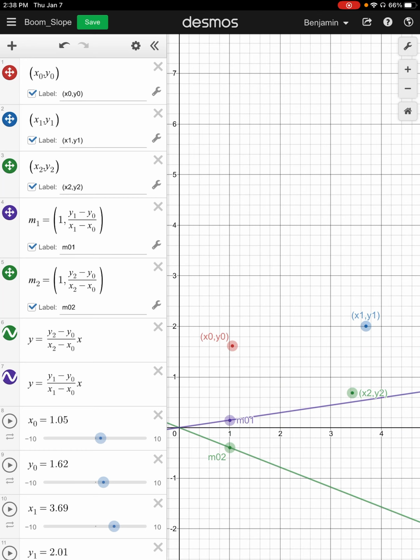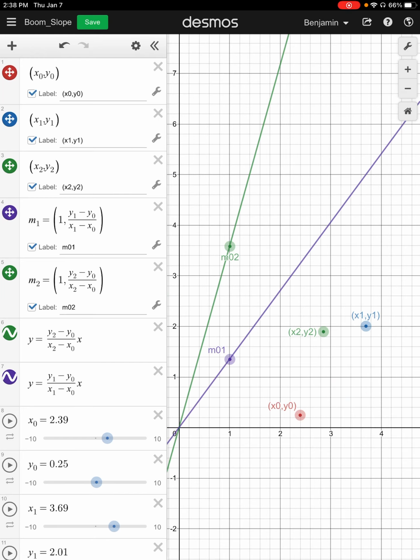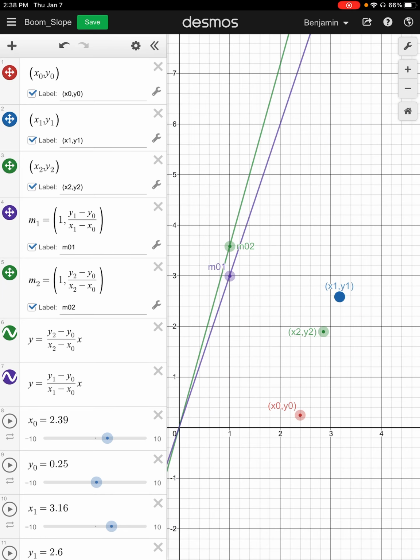So this set is a valid boomerang because the slopes, as you can see, are different. Versus when we move it here, you can see that these 3 points do form a straight line and their slopes m01 and m02 are the same. Kind of cool thing here is you can see how close 2 lines are from being straight. Like these almost form a straight line. Versus here, I'm just approximating, they do.